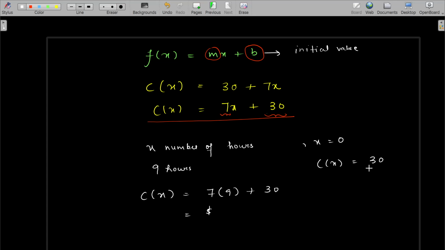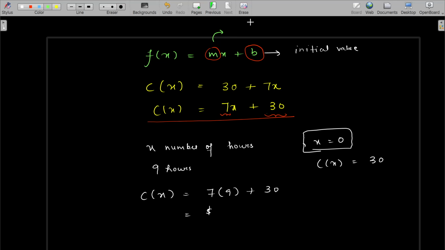So that's the initial value. We call it initial value because we get this value when we take x is equal to 0. That's why we call it initial value, and this represents that this is a flat fee. And then this 7, which is the slope, represents the additional fee that you have to pay per hour.